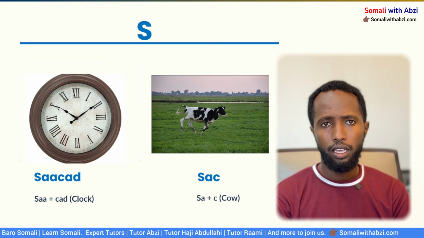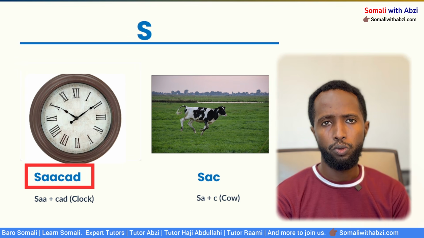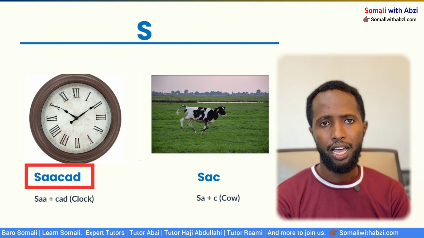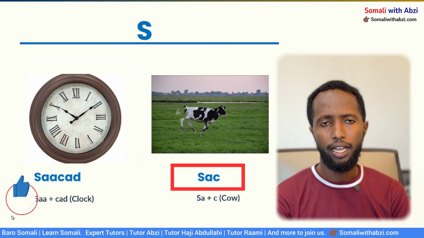The next letter is sa. Sa. It's like sa'ad, sa'ad. This word we borrowed from Arabic, which is sa'a. In Somali we have sa'ad, sa'ad. The next is sa. Sa, which means cow.